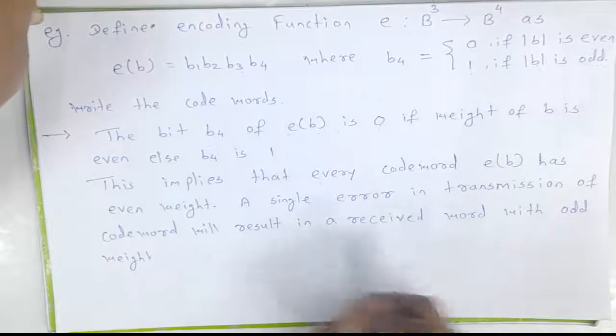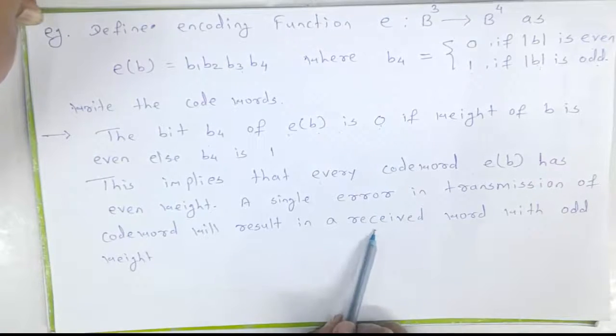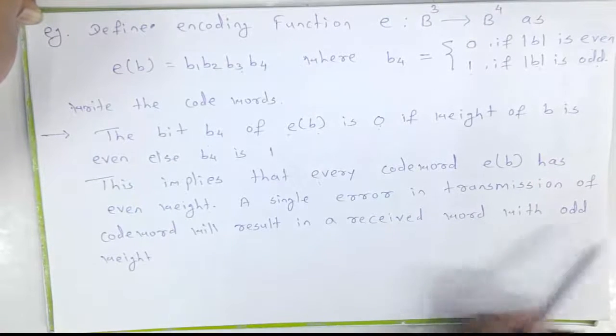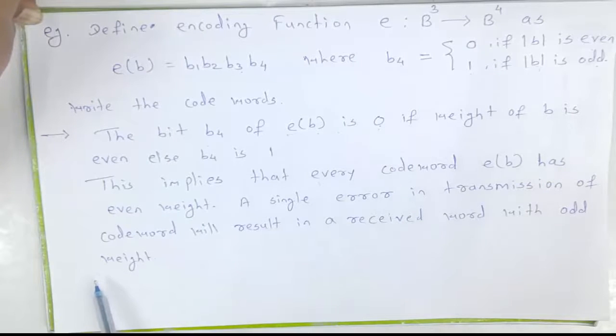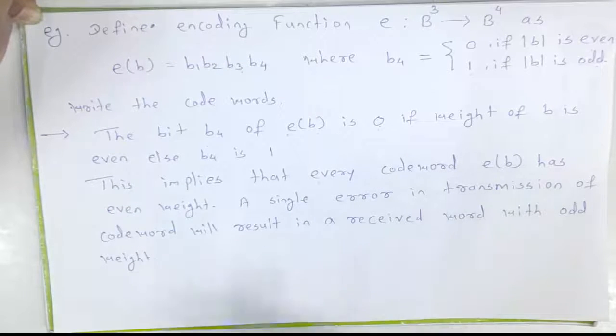So if the weight of the received word is odd, then we detect an error, since this implies that every code word e of b has even weight.